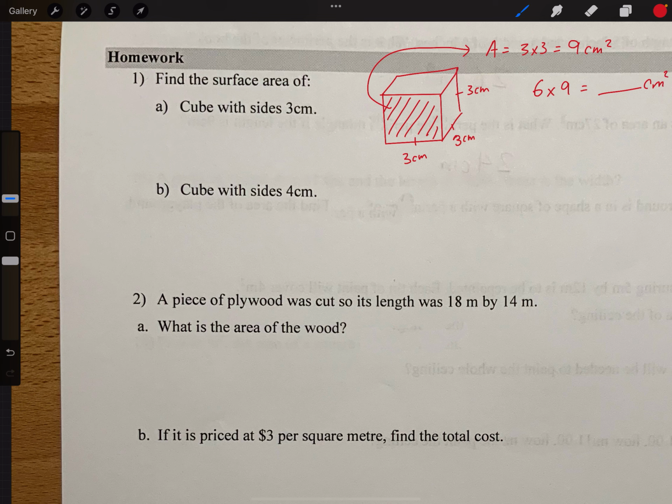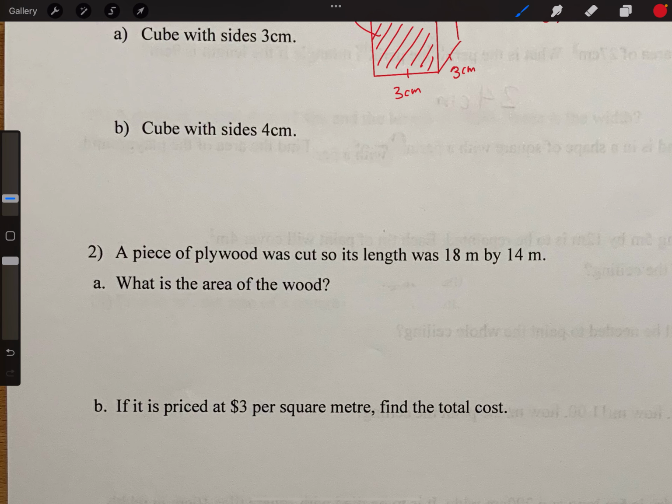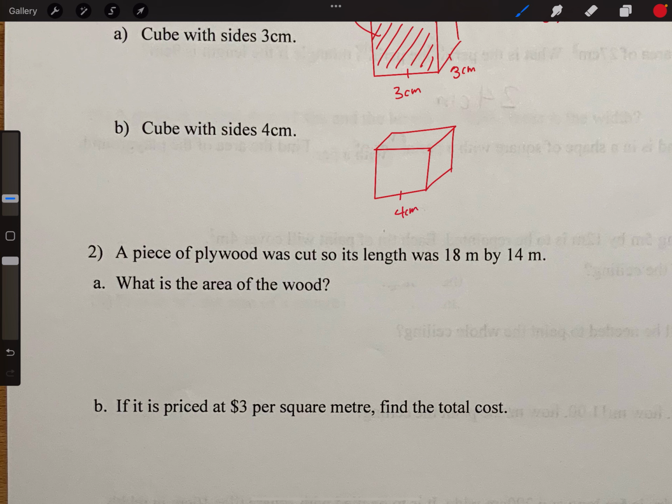Now, if the cube had a side of 4 centimeters, so again you have your cube, and this time it's 4 centimeters each side. So let's find the area of one face.